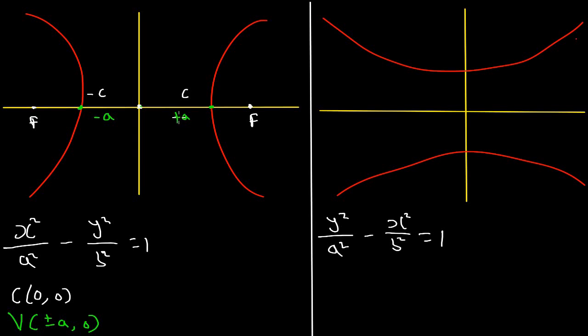So the plural name for focus is foci. The coordinates of foci is, don't forget we said from the center of the hyperbola, from the origin to the focus, for the right hand side is c units, and it is minus c for the left hand side. So we have plus or minus c, 0.